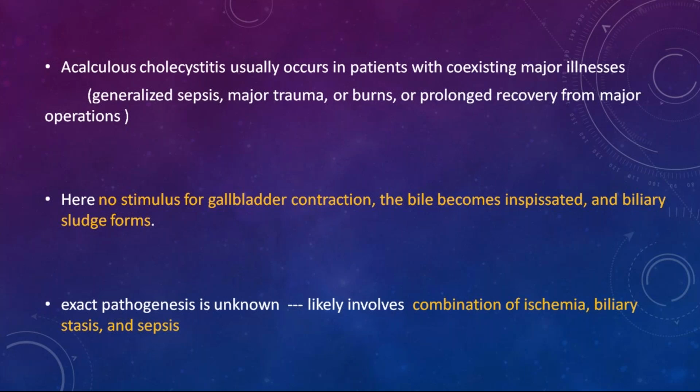Cardiac surgery, open surgery, will take from 4 to 6 hours. So in those kinds of long duration surgeries, again there is a stress on the body. So all these conditions can predispose to acute cholecystitis, Acalculous cholecystitis.